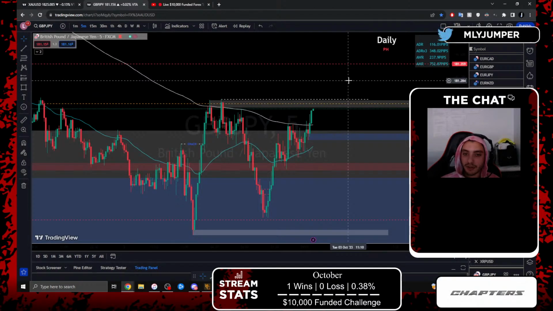Now we're reaching the zone, right? So here we're either gonna see price reject, maybe give us another pullback, or we're gonna see it start breaking above. So this is where we want to start waiting. We got 5 minutes.